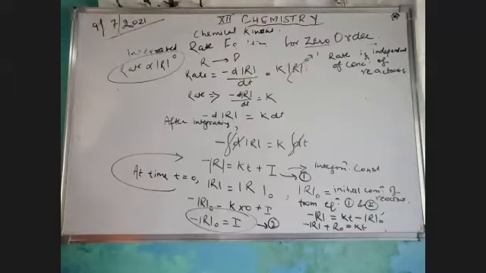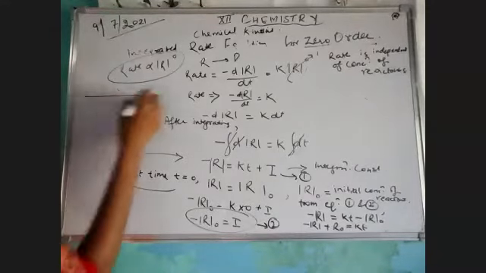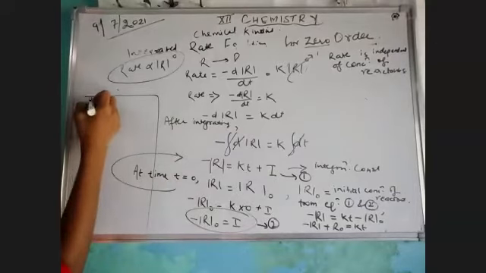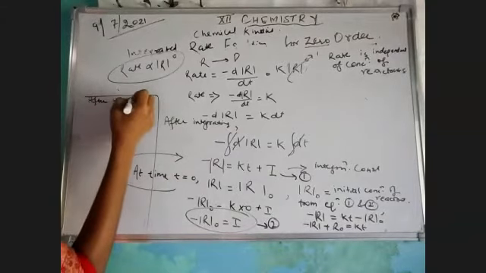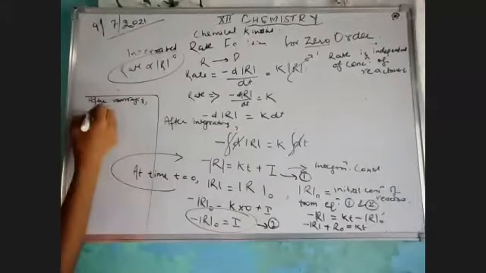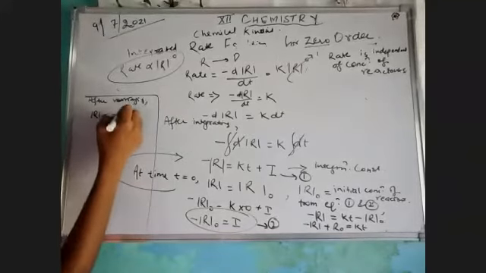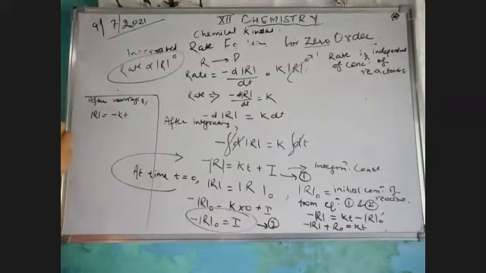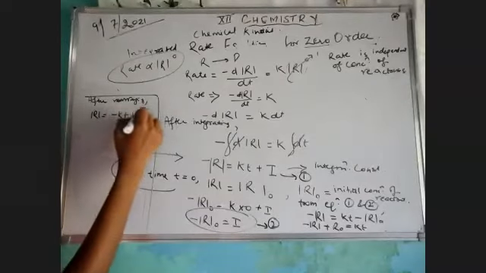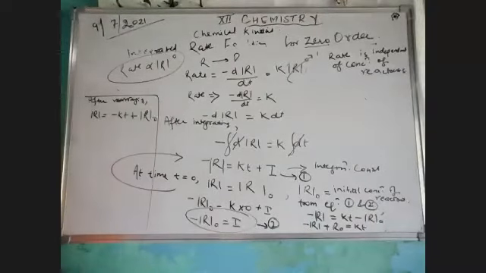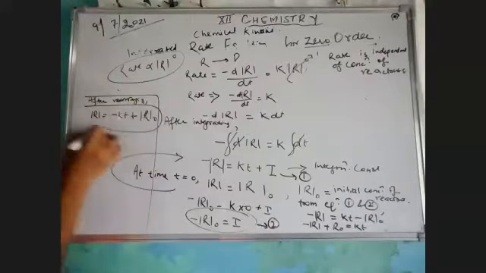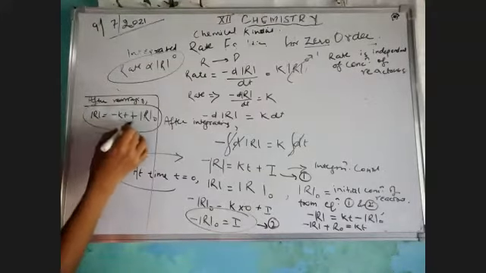After rearranging, we will get r equals to minus kt plus r naught. Okay, so this is the equation we have done after rearranging, after calculating: r equals to minus kt plus r naught.